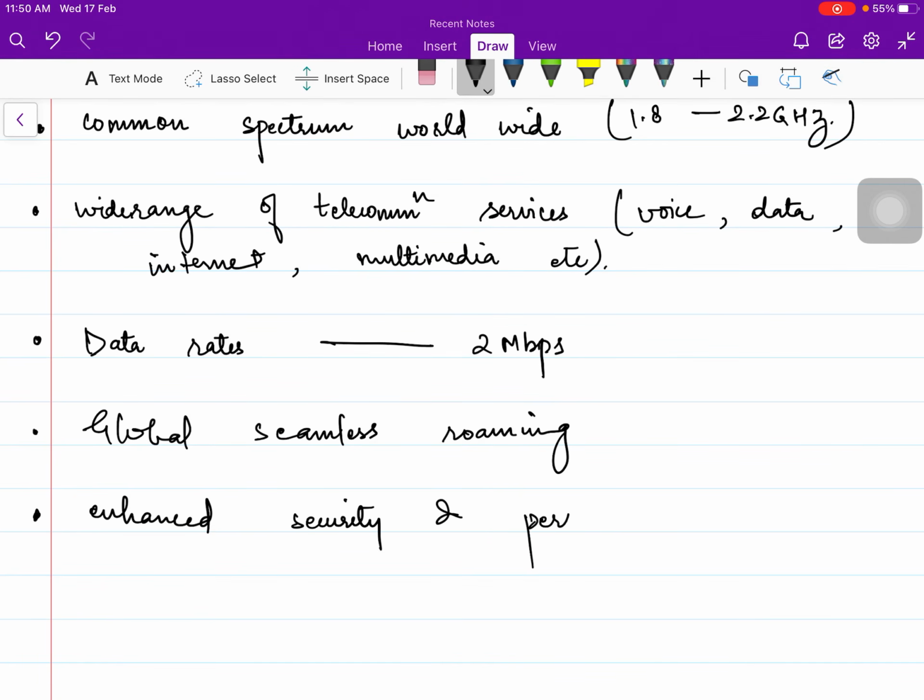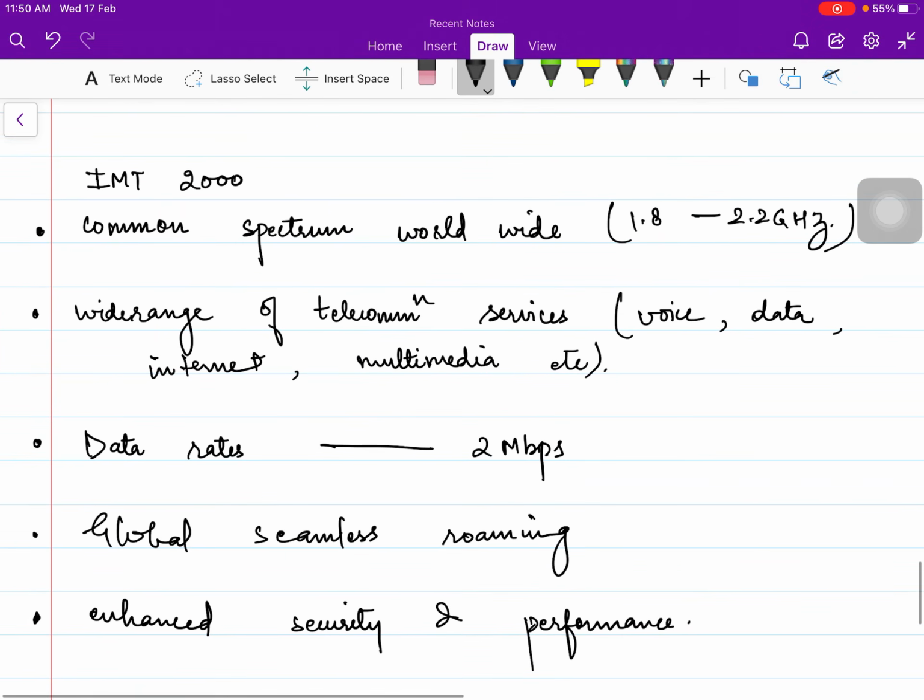So these were the features of IMT 2000, the standard named in third generation by the International Telecommunication Union. A common frequency, 2000 megahertz, was used worldwide. The telecommunication services have a wide range. The data rates have improved up to 2 Mbps. There is global seamless roaming, and there is enhanced security and performance.